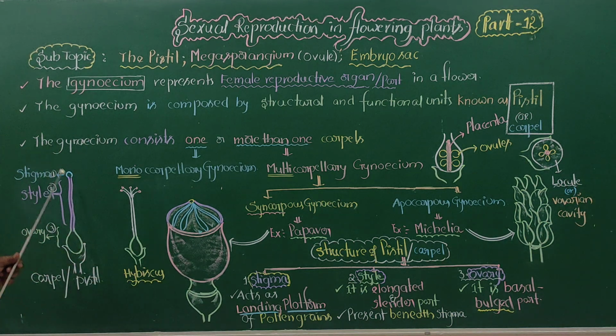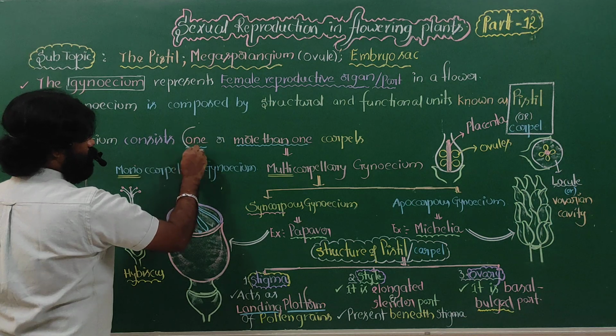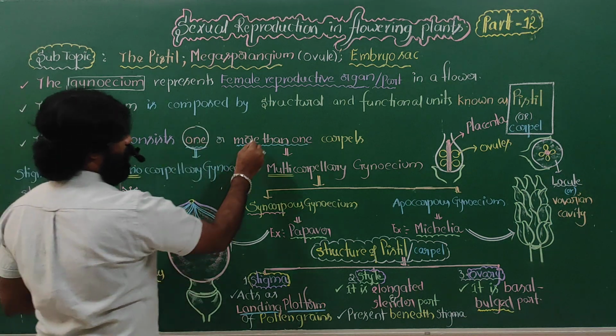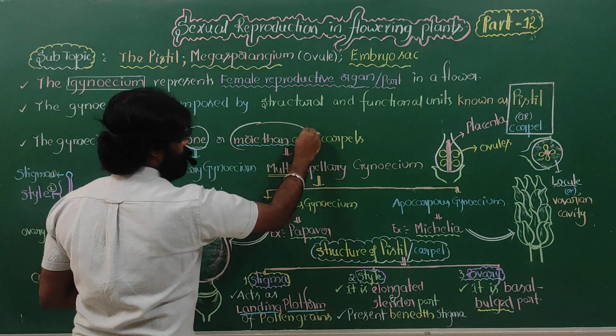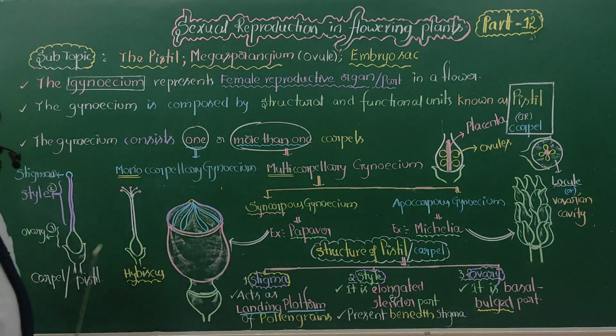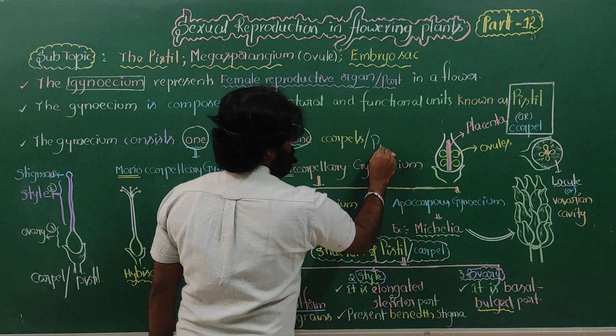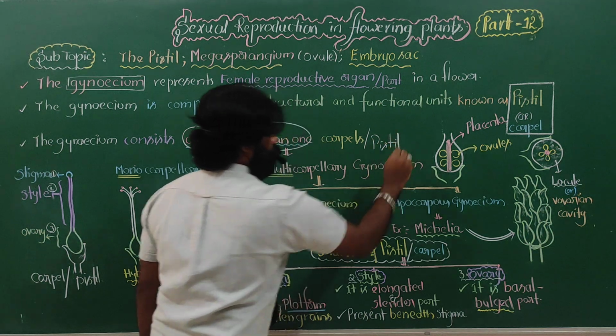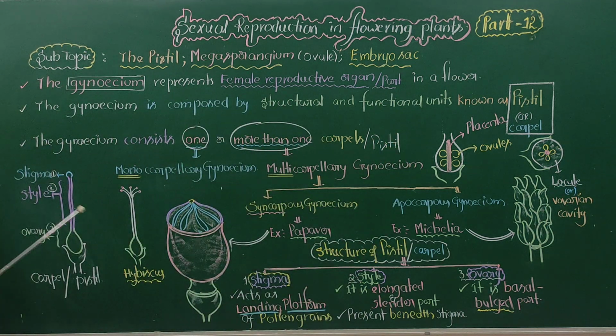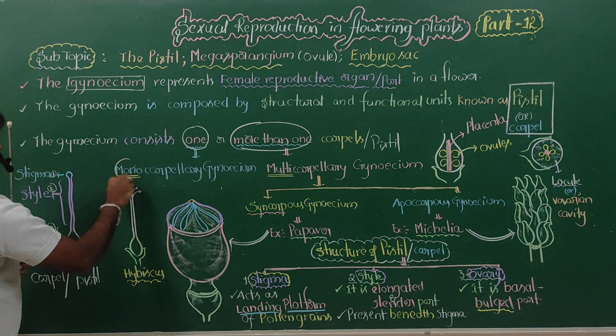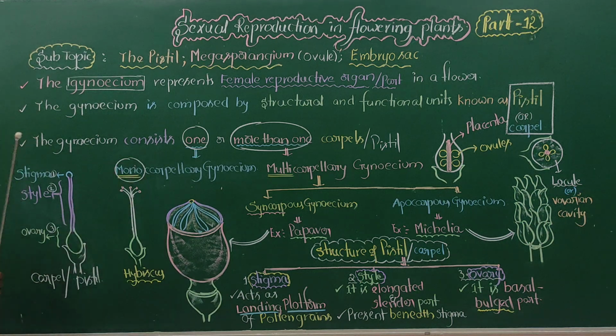Now, each gynoecium consists of either one carpel or pistil, or more than one carpel or pistil. If the gynoecium consists of one carpel, it is called monocarpellary gynoecium.